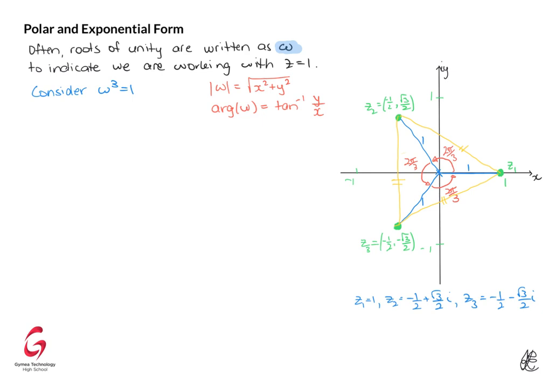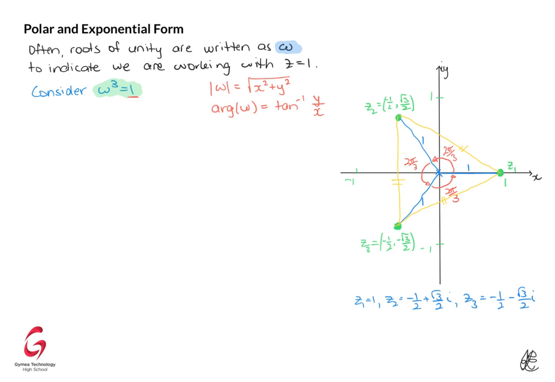So let's see how we can rewrite this equation in polar and exponential form, specifically rewriting this value of 1 on the right-hand side in polar form or in exponential form to enable us to work in that scenario instead. So let's consider the roots of omega cubed being equal to 1 in polar form.